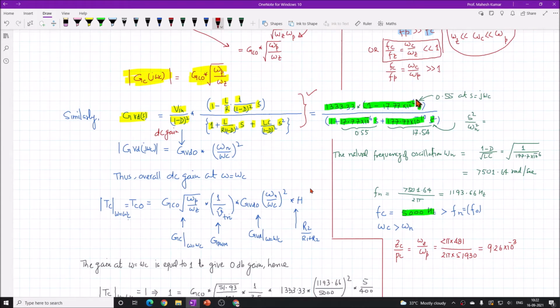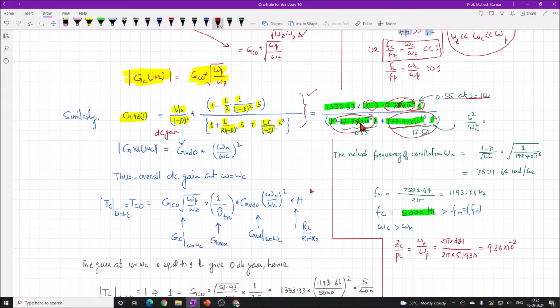This term has the value of 0.55, and this term has a value of 17.54. So obviously this term is dominant as compared to these terms, and here this is smaller than 1 anyway, so we can ignore this. So this can be ignored and this can be ignored.